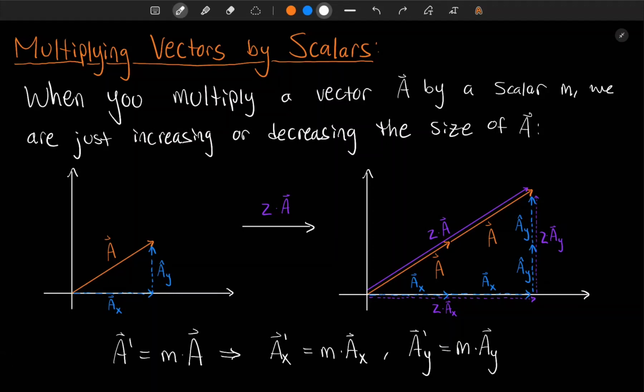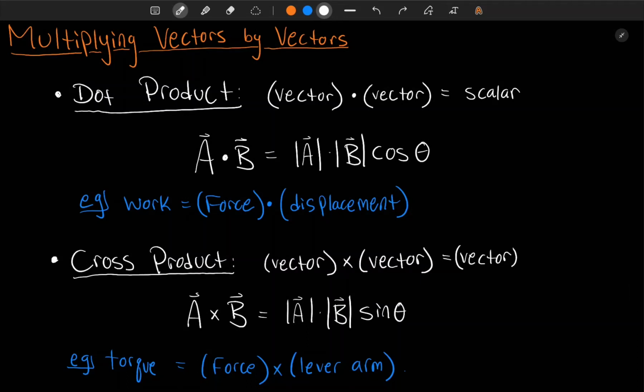Now let's see how you would multiply vectors by other vectors. It turns out there are 2 ways of doing this. One way is called the dot product. And for the dot product, you multiply 2 vectors together, symbolized by this dot notation, and you get a scalar, which is just a number. So the formula for the dot product is given here, which I'll square in orange.